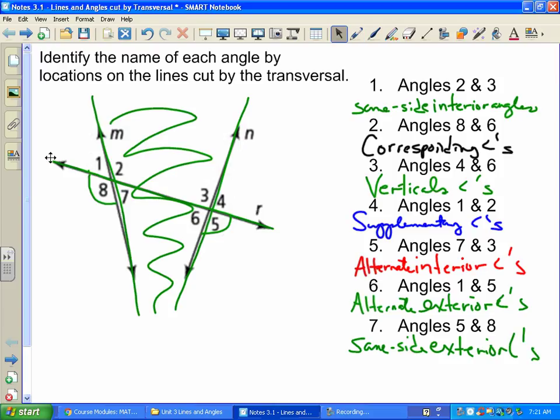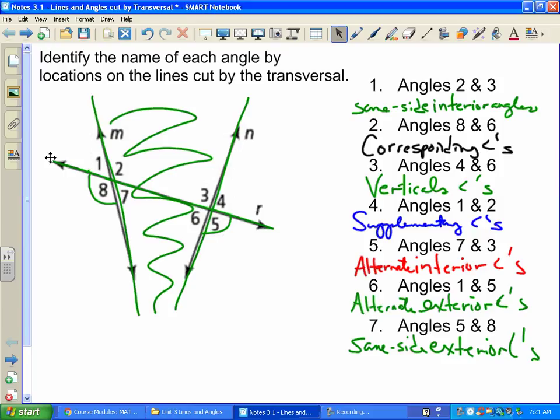So that's one of the things you've got to be able to do. You've got to be able to identify what kind of angle I have based on where it is located in terms of two lines cut by a transversal. Now these lines did not have any special relationship between the two of them. M and N are just two lines that, if I extend them, they'd intersect eventually.